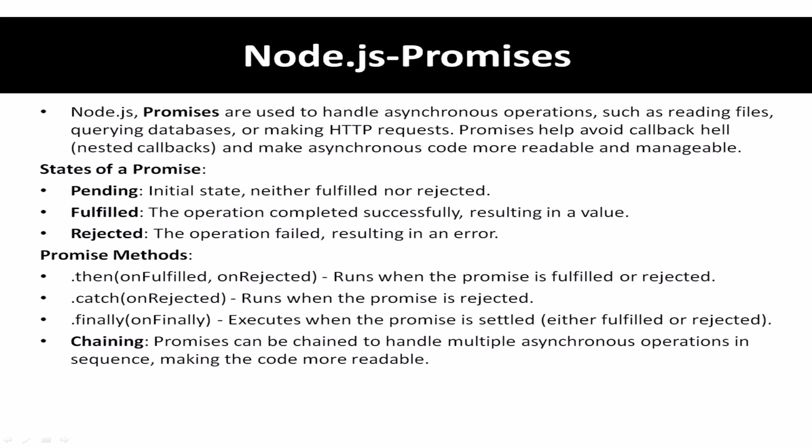Catch: runs when the promise is rejected. Finally: executes when the promise is settled. Chaining: promises can be chained to handle multiple asynchronous operations in sequence, making code more readable.